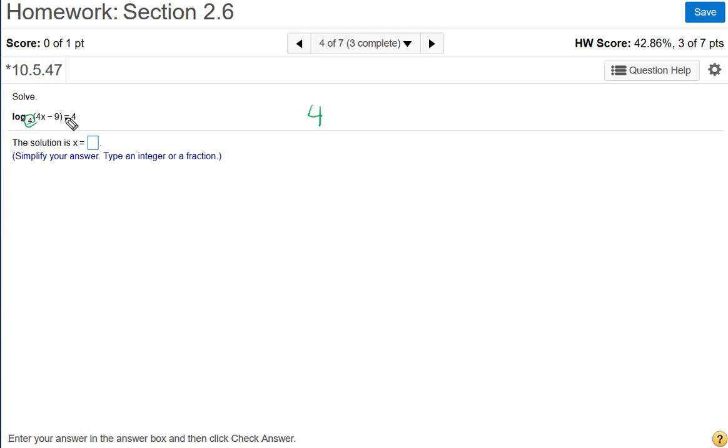The logarithm is the exponent. Then the other number would be the 4x minus 9. Now we solve that equation to do 4 to the 4th power. I won't take out my calculator and make you watch me type that. That's 256.